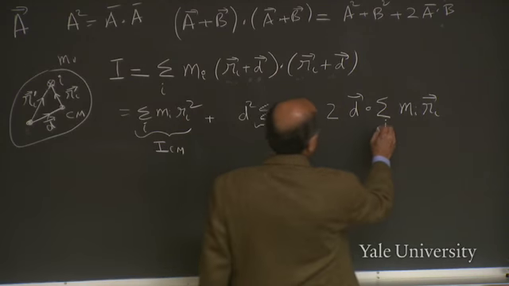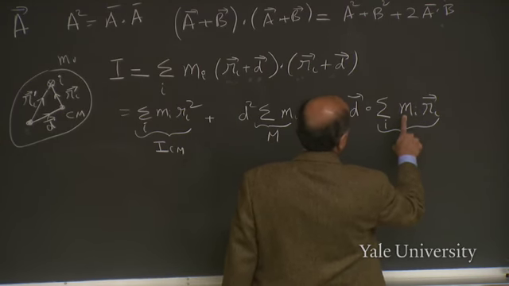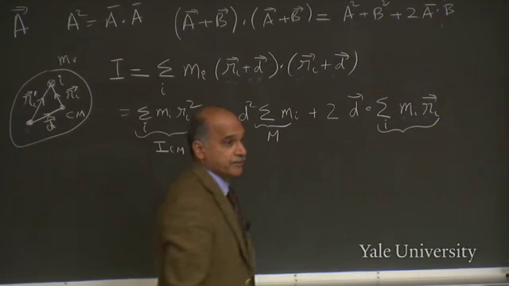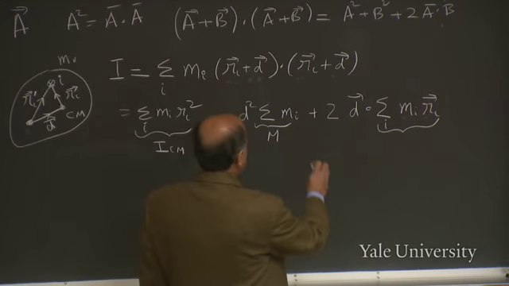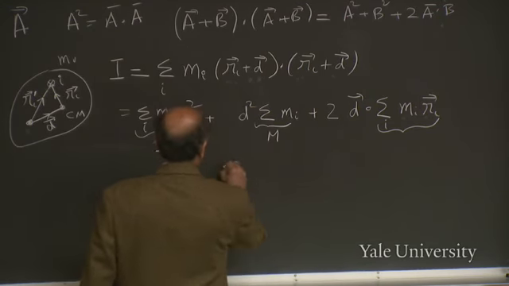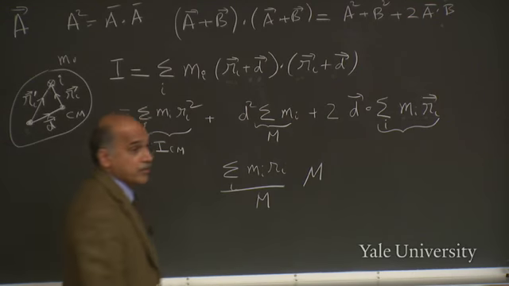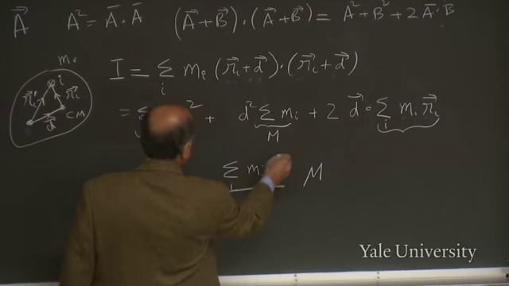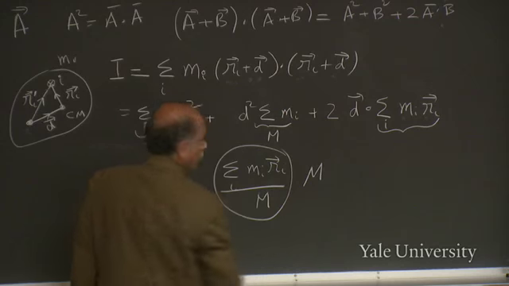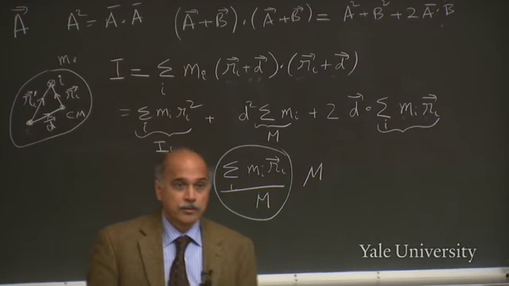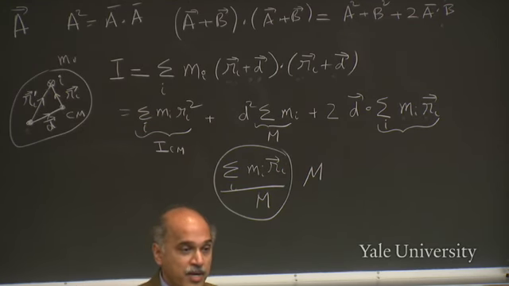Now, you can think about what this is. This is every mass multiplied by its position. So take this guy, sum over i, m_i R_i, divided by the total mass and multiplied by the total mass. But what is this? Yep, that's the center of mass.